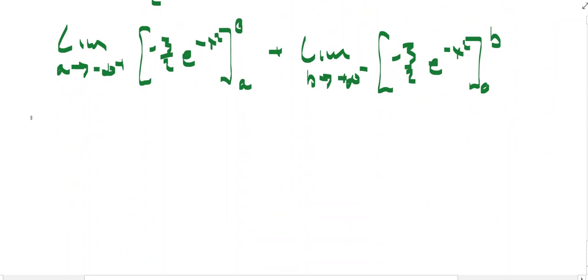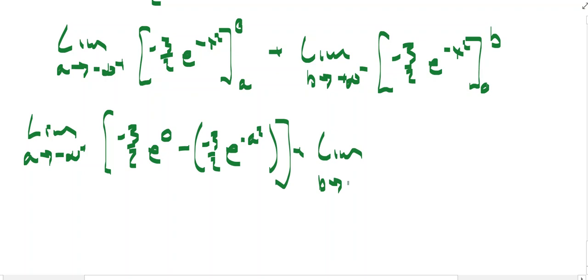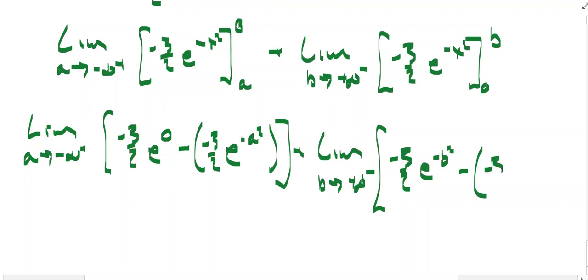So in this left-hand limit, we're going to have negative 3/2 e to the 0 minus negative 3/2 e to the negative a squared, plus the limit as b approaches positive infinity from the left of negative 3/2 e to the negative b squared minus negative 3/2 e to the 0.